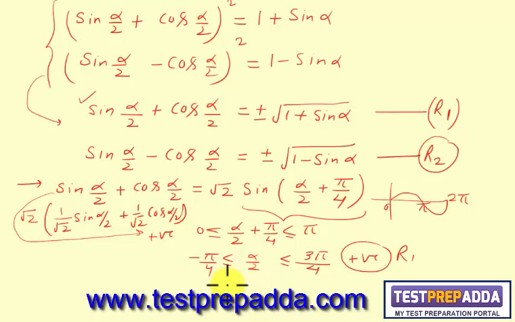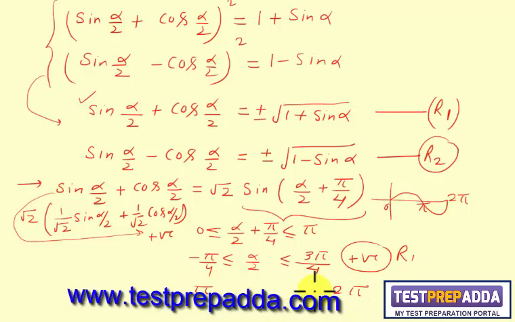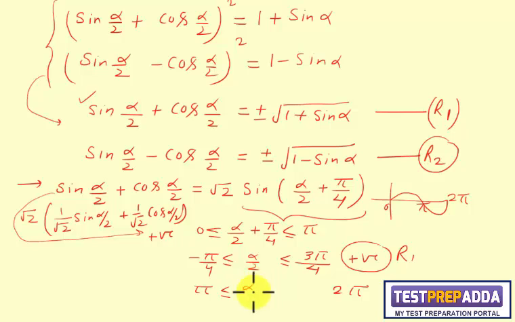Now, for negative, what will you say? The value will lie between pi and 2 pi. Which value? Alpha by 2 plus pi by 4. Okay, so what can we write for alpha by 2?